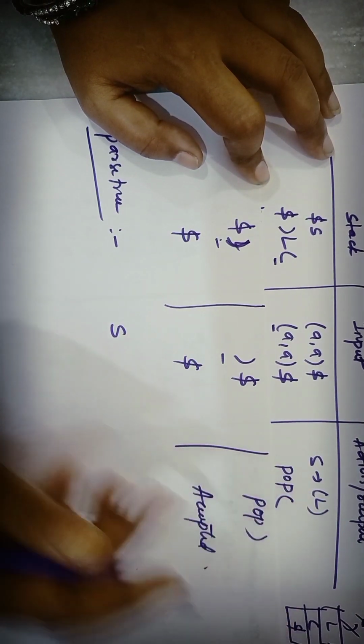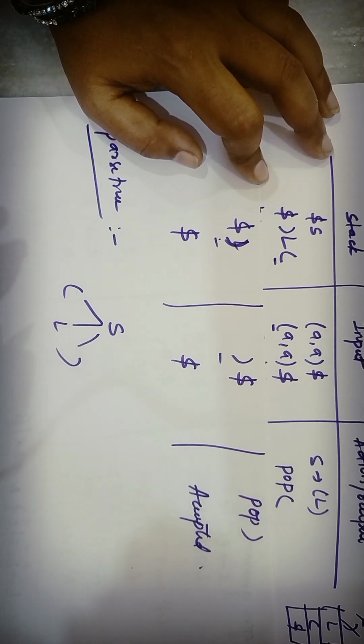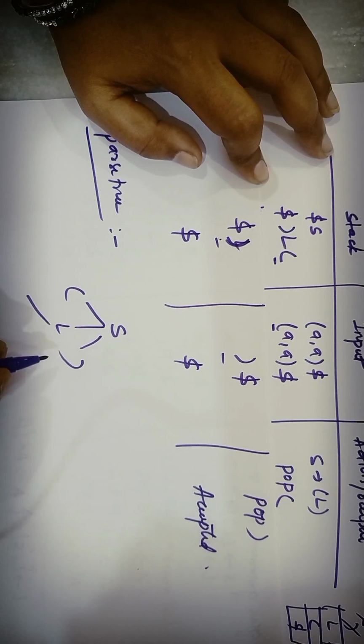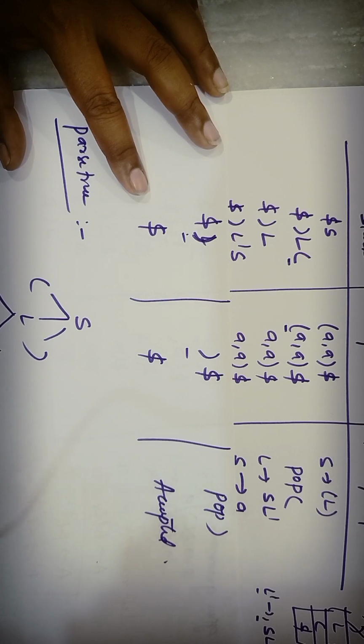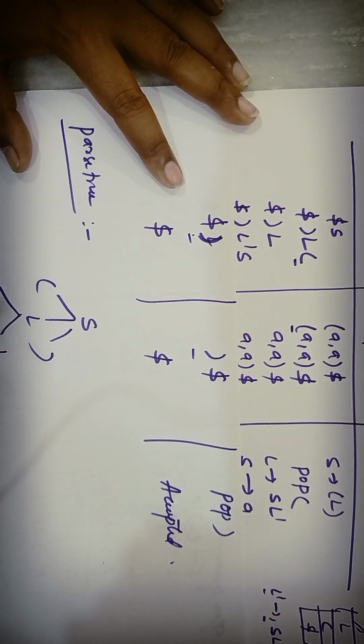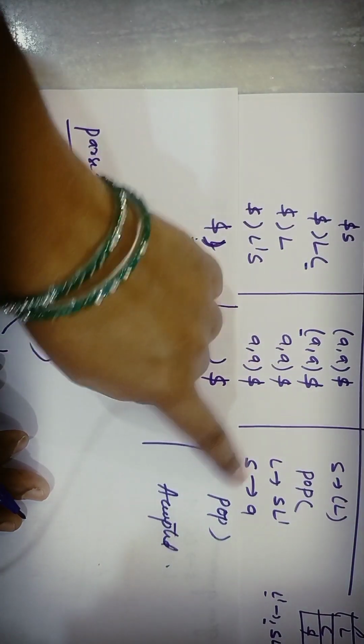S tends to L, so means open parenthesis L. Next, in the place of L, what we have substituted? S L dash. Then in the place of S, what we have substituted? S tends to A we have substituted.